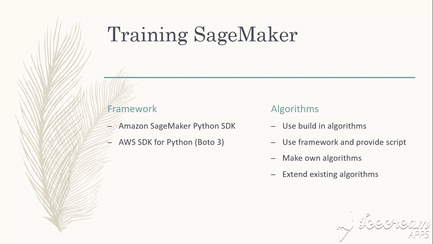SDK for the Python Boto 3, and this is another framework that comes under SageMaker. Further, as I said, you can use the algorithm in three ways. You can use the already built-in algorithms that come with AWS, and also you can use frameworks.